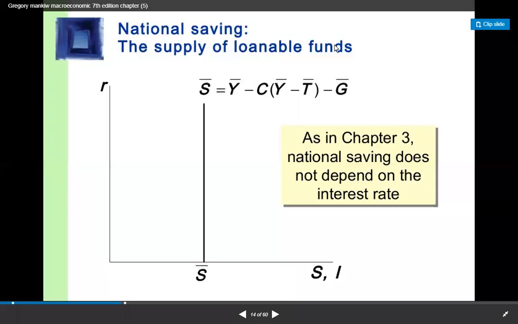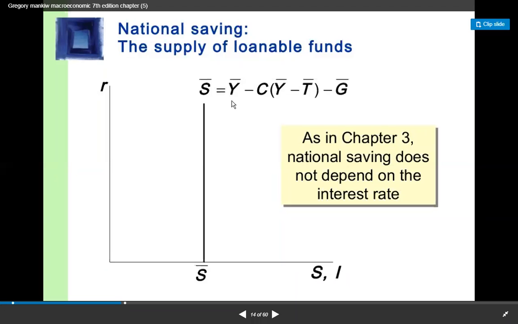So first consider this question: why is saving given? Y bar, that we have already done. What is the saving, as we have done in the last slide? Y minus C minus G. Y bar is given, and both income and taxes are given. So Y bar minus C minus G.